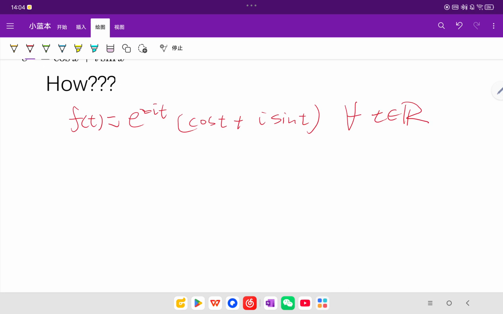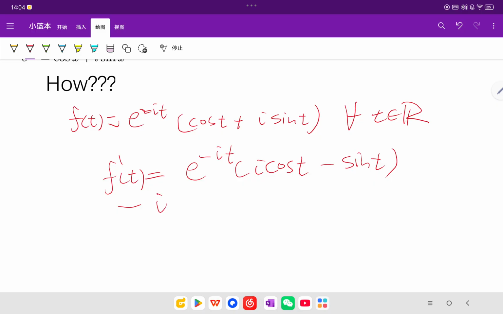By the product rule of derivatives, we have f prime(t) equals e to the negative it times (i cos t minus sine t) minus i e to the negative it (cos t plus i sine t).